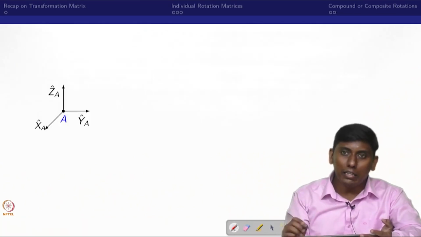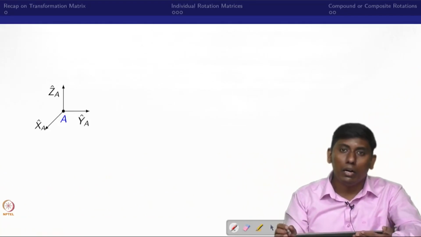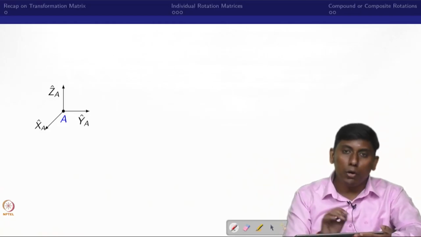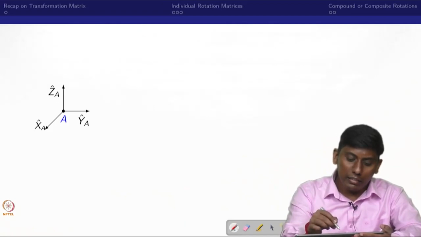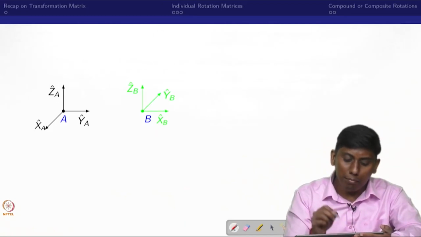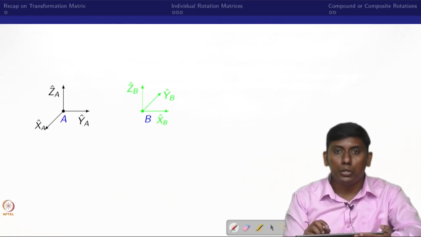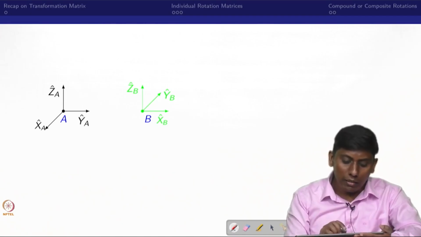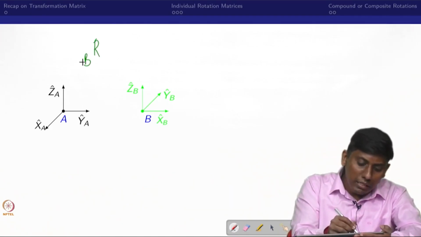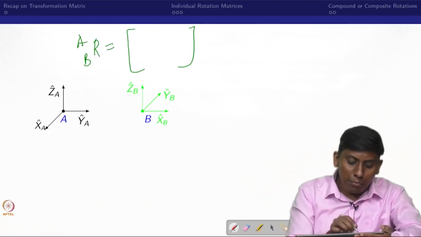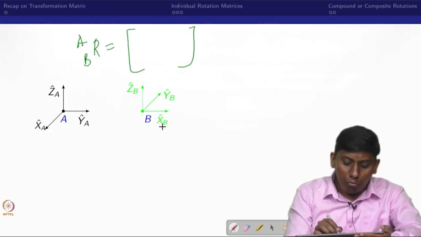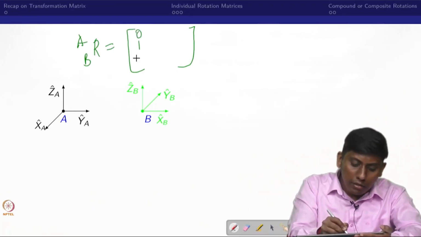For understanding that with more clarity, I brought two frames, A and B, put here. Now if you look at it, the rotation matrix of B with respect to A, I can simply write: XB projected on the A frame would be 0 1 0.